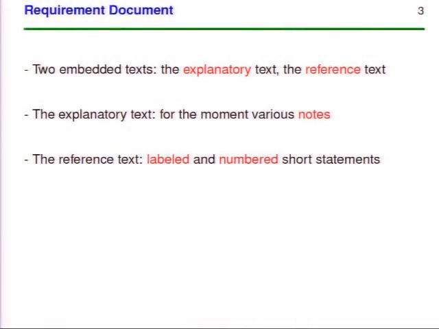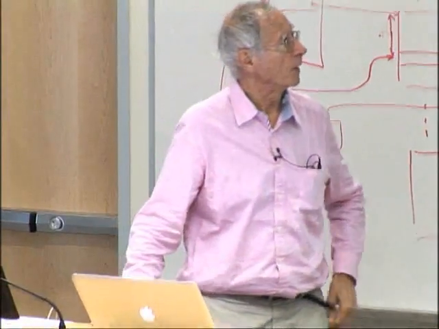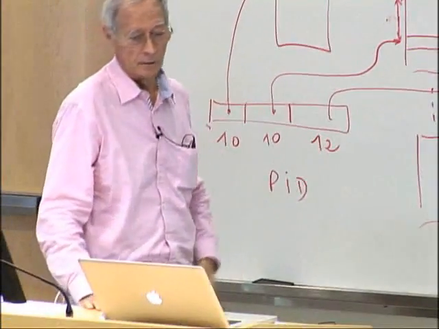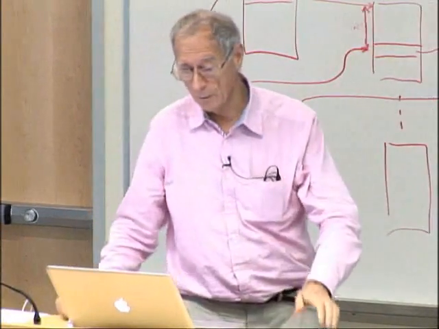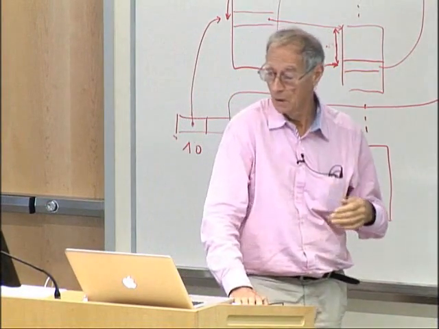So first of all, we're going to describe the requirement document. We do not rush immediately into the formal modeling. And the requirement document is made of two texts, the explanatory text and the reference text.